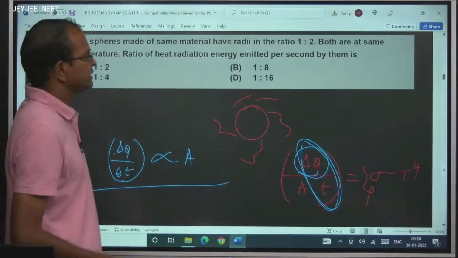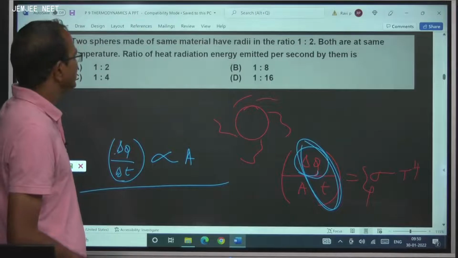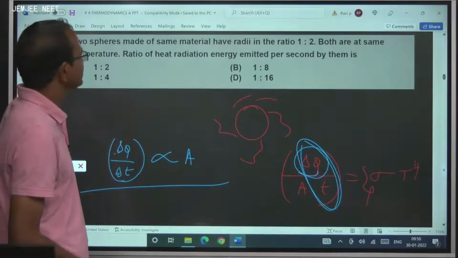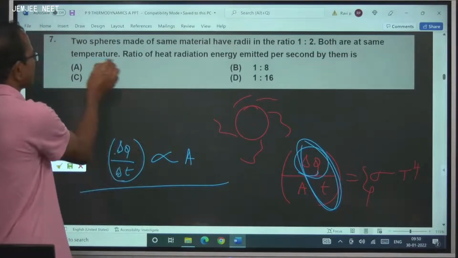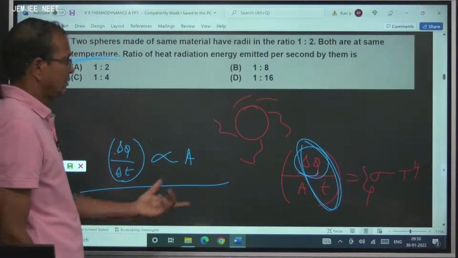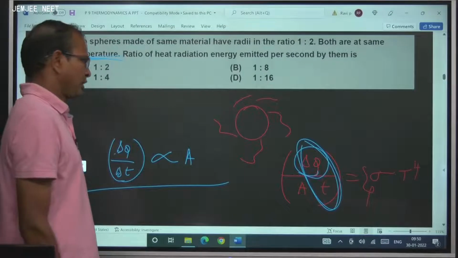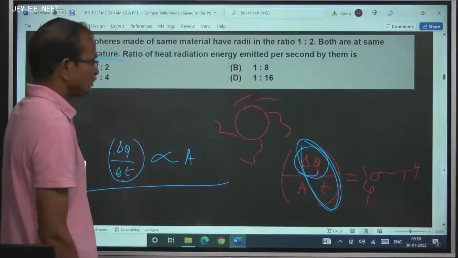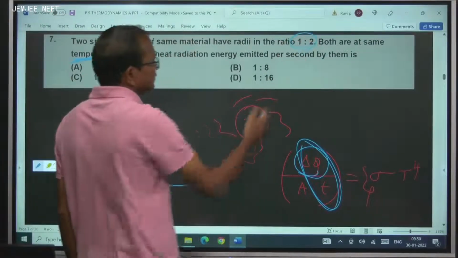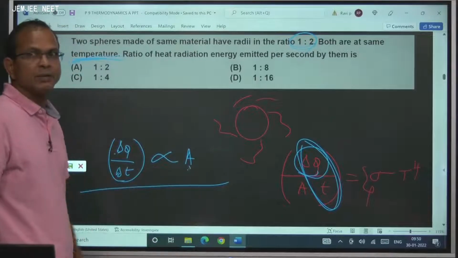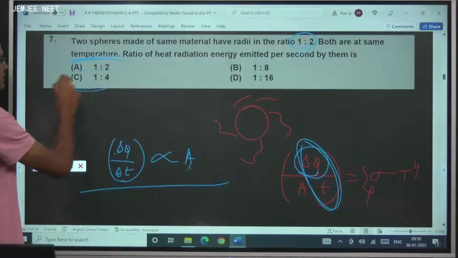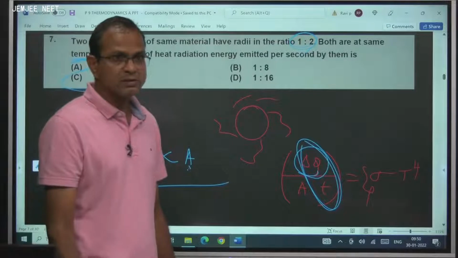Because the temperature is same. Area of sphere என்னது? 4 pi r square, r1 square by r2 square, area 4 pi r square. So third option is the answer. Got the point?